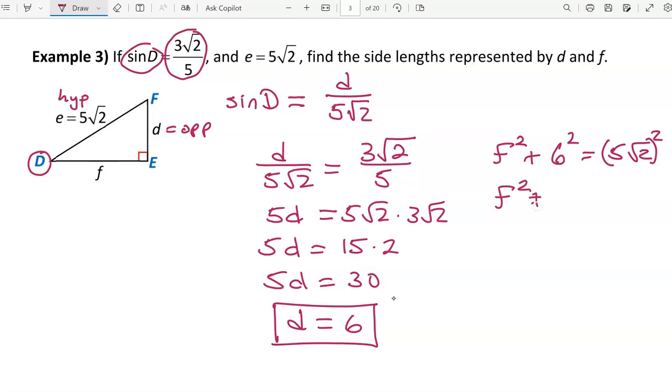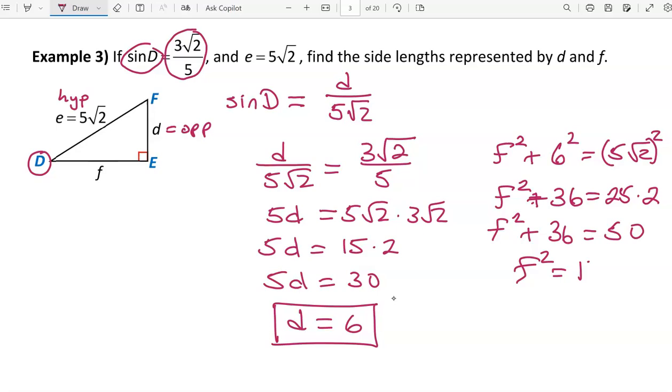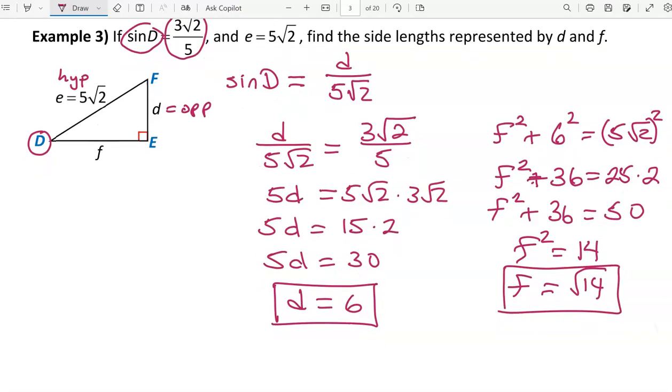F squared plus 36 is equal to, and let's do a quick square on 5 root 2. 5 times 5 is 25, and square root of 2 times square root of 2 is 2. So f squared plus 36 is equal to 50, and that means that f squared is equal to 14, and f is equal to the square root of 14. So there are our two missing sides.